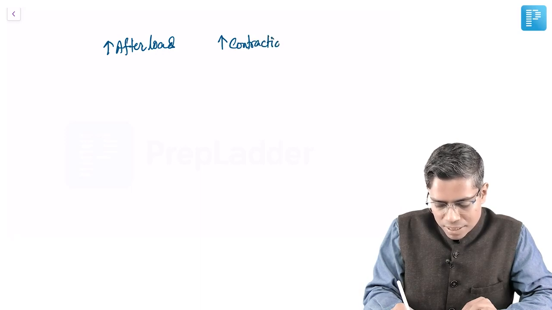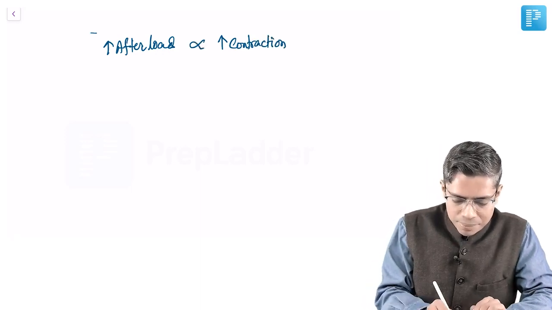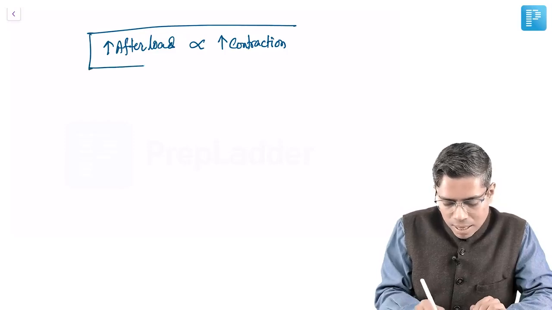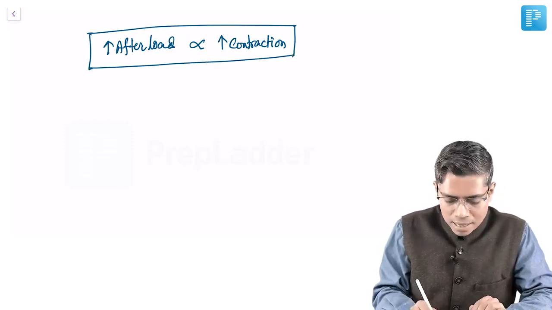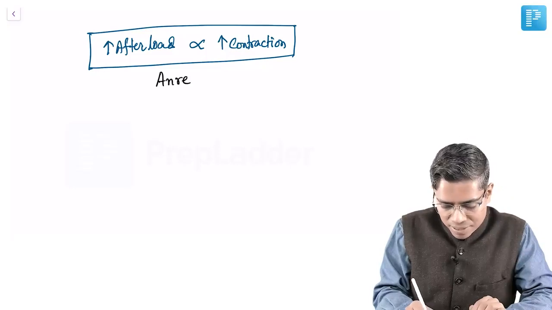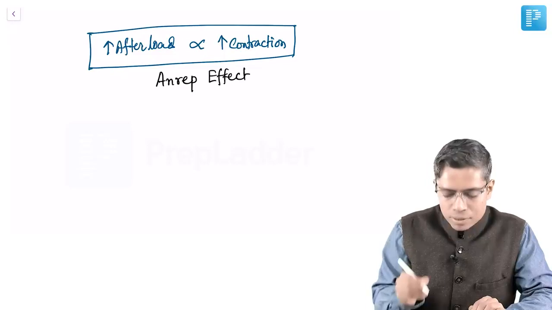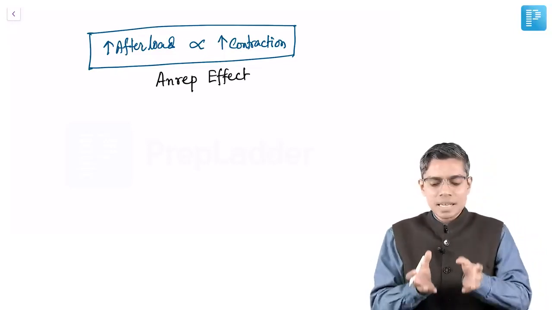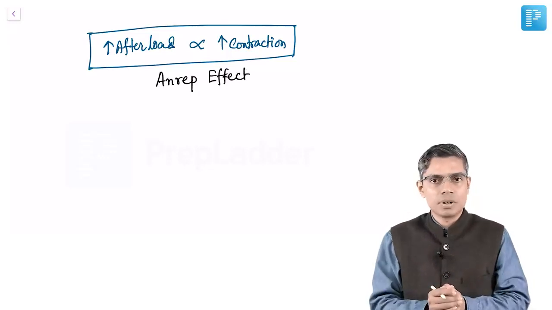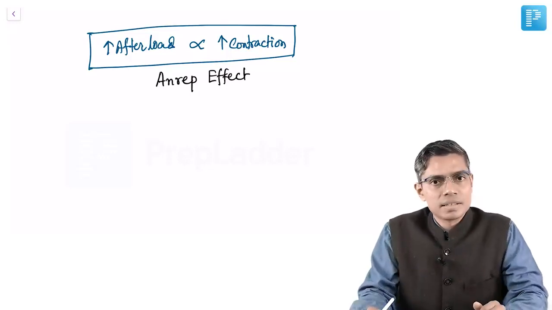This relationship between afterload and increased force of contraction is known as the Anrep effect. So the Anrep effect is nothing but increased afterload raising the ventricular force of contraction, or increased contractility.